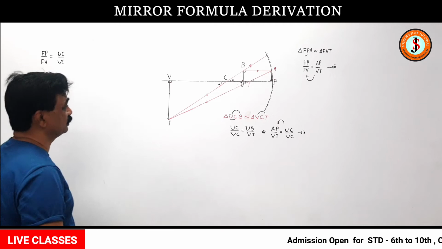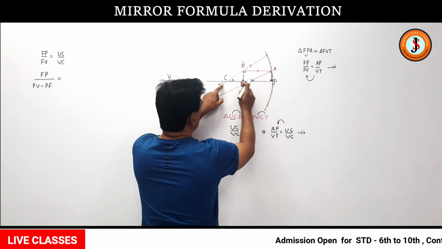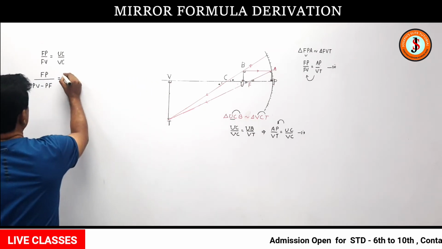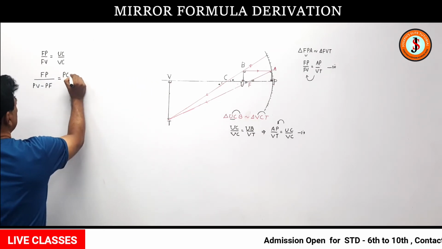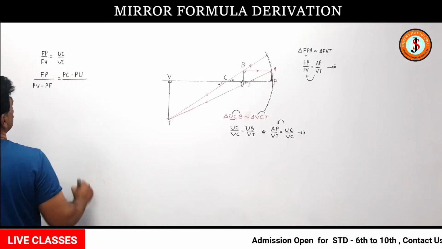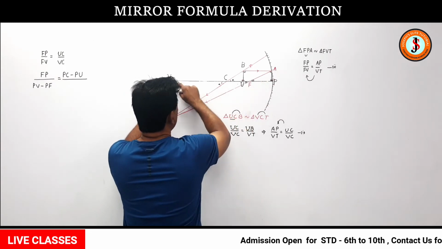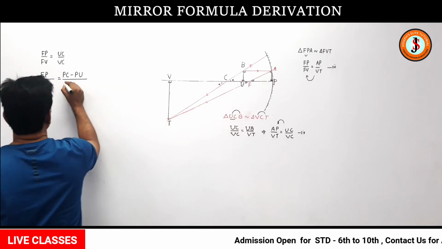UC can be written as PC minus PU. And VC can be written as PV minus PC.